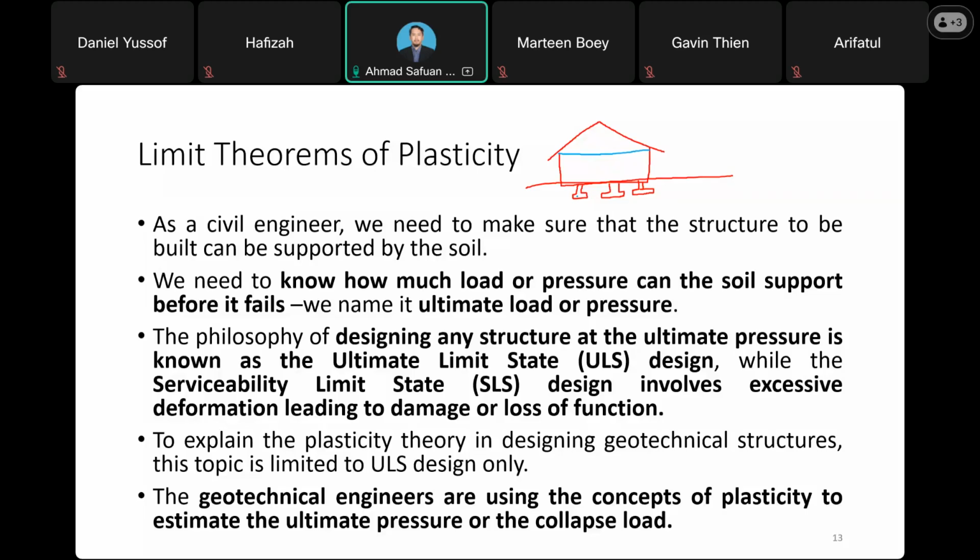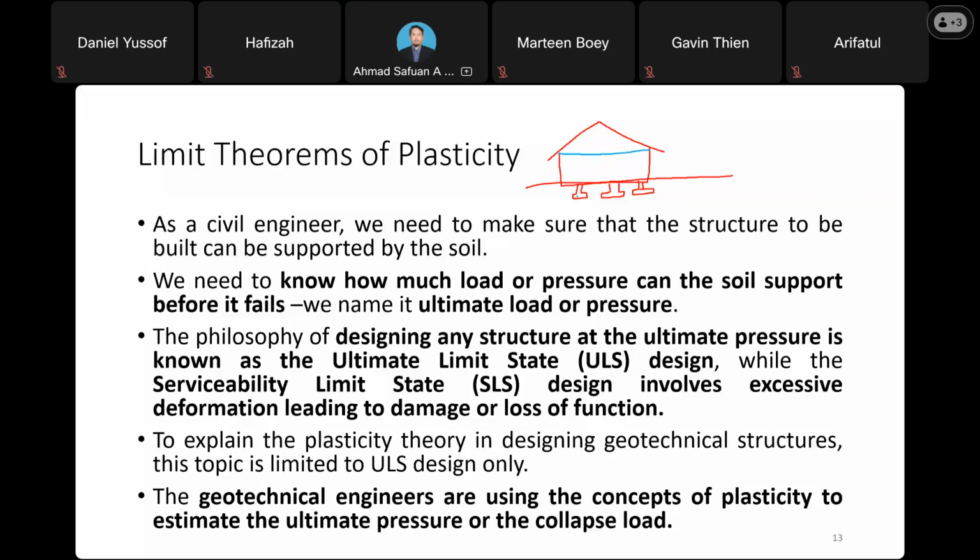So it means that the serviceability limit state is related to the function of the building. To measure the function of the building, we need to identify if there is a settlement occurring, or it can be shown based on the cracks that occur on the building itself.